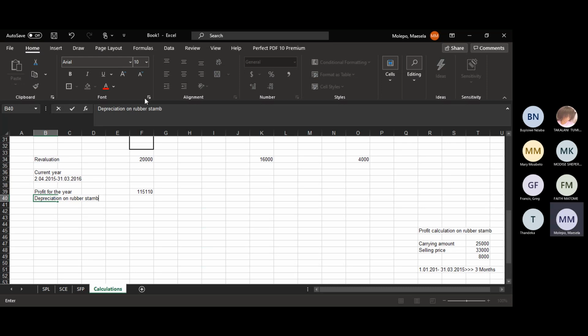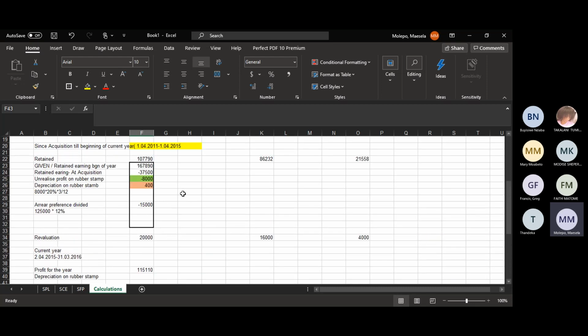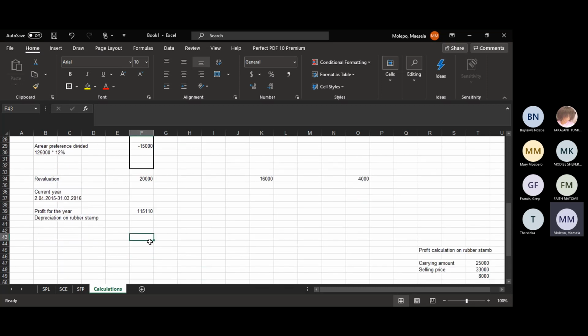So the rubber stamp was sold last year. And then Tandeka, I will still use Tandeka in this case. Tandeka used the asset for 3 months, and then we accounted for depreciation in the books of Tandeka last year. Done. Now, in the current year, Tandeka has to account for the full 12-month depreciation.